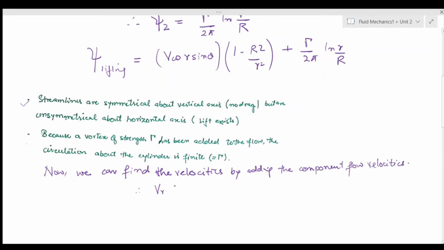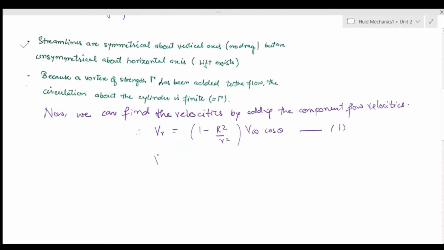So my V_r would be equal to V_r of non-lifting flow plus V_r of vortex flow. V_r of vortex flow is 0, so my overall radial velocity would be equal to the radial velocity of non-lifting flow.